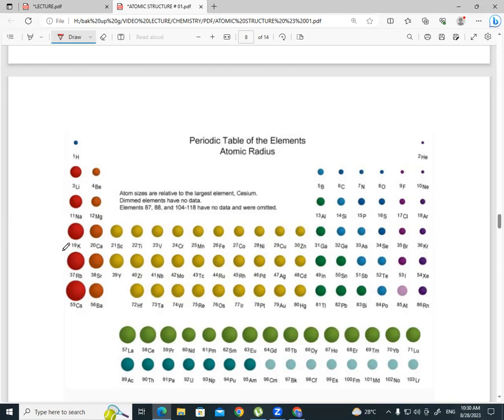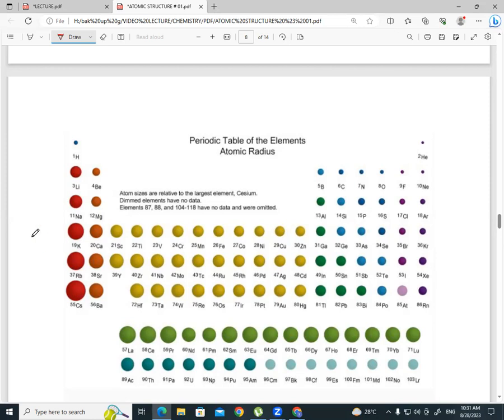And due to the more shells, the outer shell electrons are attracted by the protons of the nucleus, but they also face the force of repulsion from the inner orbit electrons.